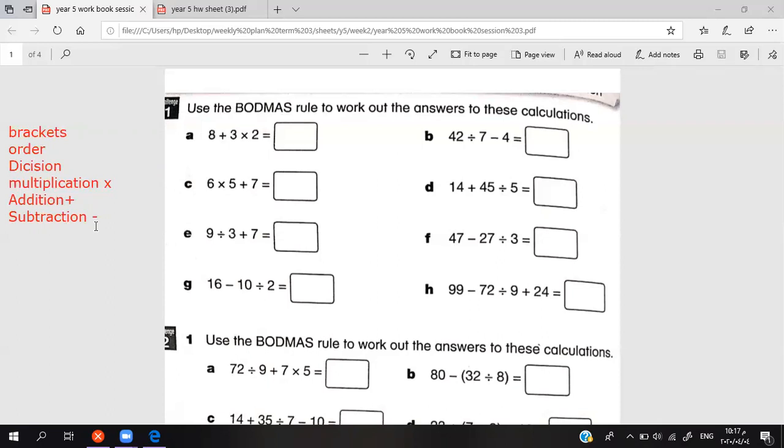Okay. Let's try this here. Which do I do first, the plus or the times?